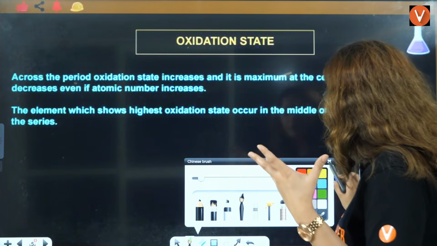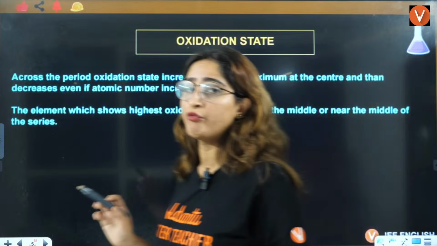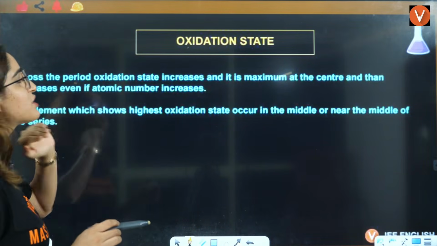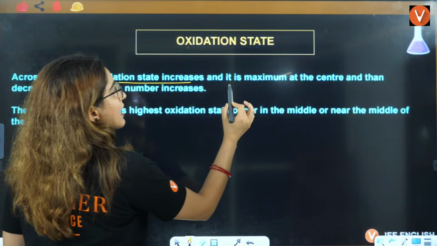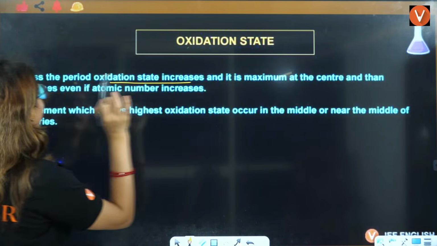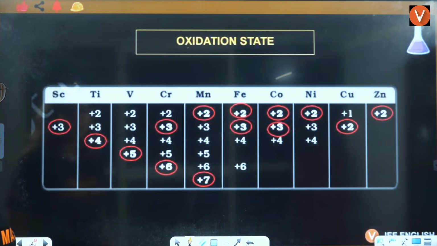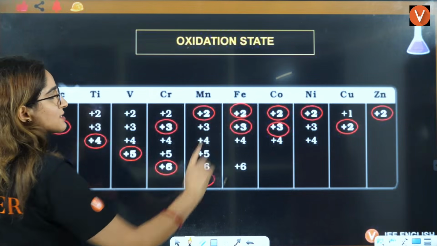Now, let's understand how they are going to vary. Across the period, oxidation state increases. It is maximum at the center and then decreases even if atomic number increases. So what you can see is that across the period, oxidation state is increasing.